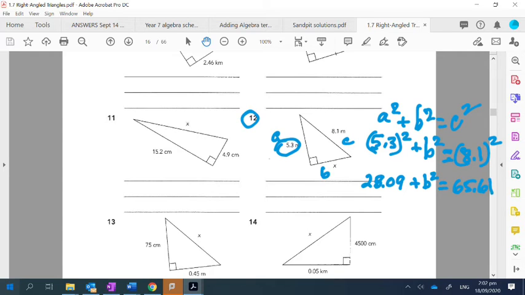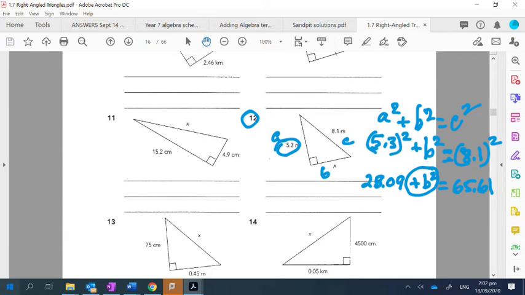Now, is my B by itself? No, you need to take away 28.09 from the other one. 8.1 squared doesn't seem right. Try it again. It does seem right because 8 times 8 is 64 plus some decimals. Yeah, you're good. Okay, now we want to get this term by itself. So we first have to move that number.